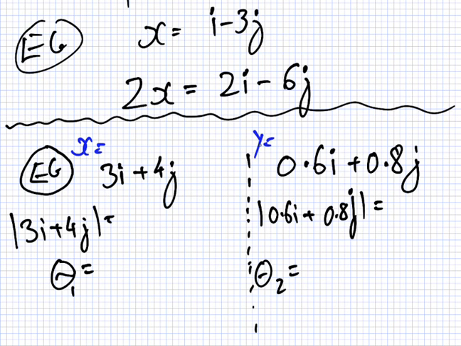Does anyone have any of the parts yet? So firstly, I want the magnitude here of the first vector. So what do we get for this? 5. We get 5. Then I'd like the direction. 53.13 degrees. Do you know what to do?